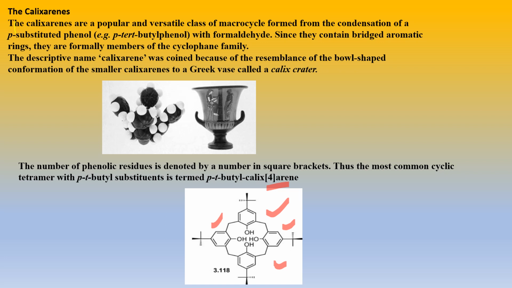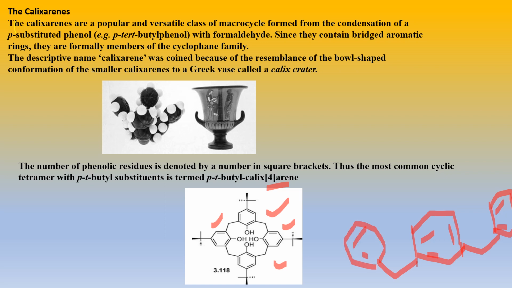So usually the structure will be mentioned in the cyclic form. For example, one phenyl ring will be mentioned in this way, another phenyl ring will be mentioned in this way, another phenyl ring in this way, and another phenyl ring will be mentioned behind.